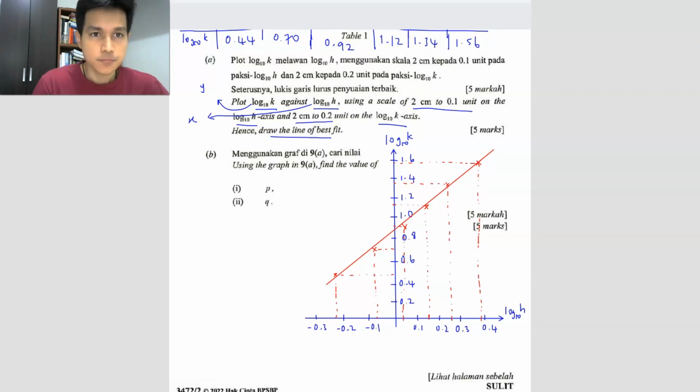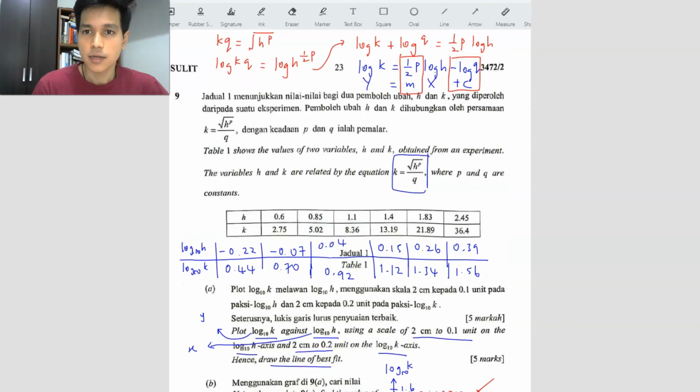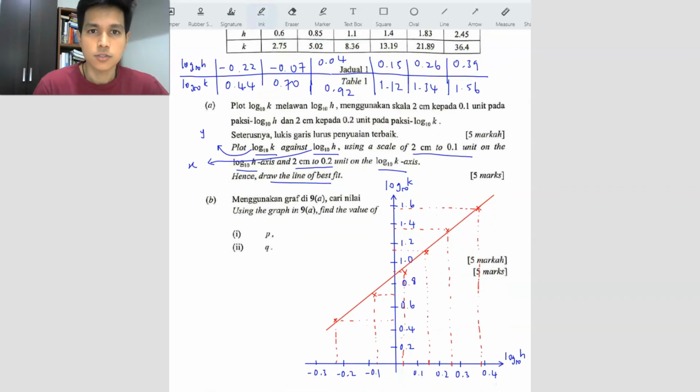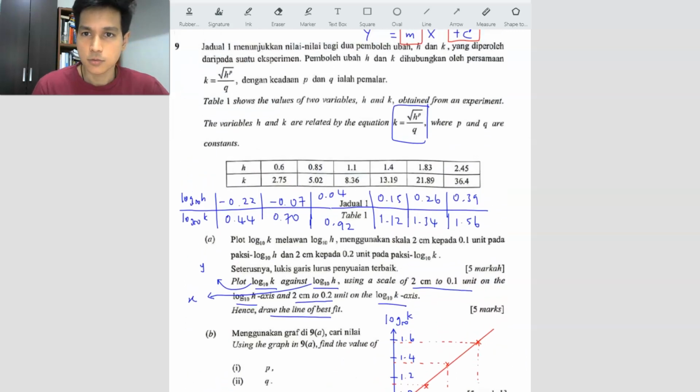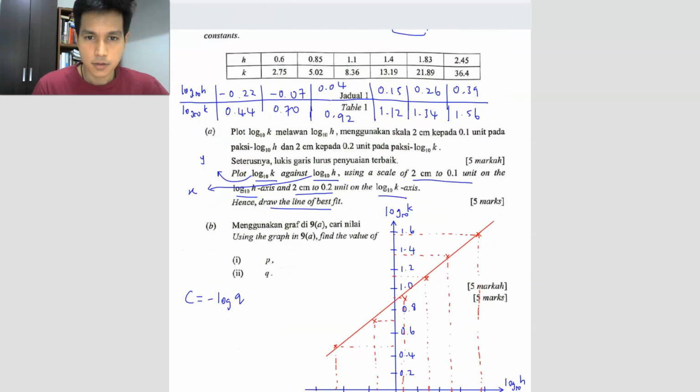So from here, because we know that intercept is what? The C value is negative log Q, right? So C value equals to negative log Q, and then the other one, the gradient, is equals to 1 over 2p.